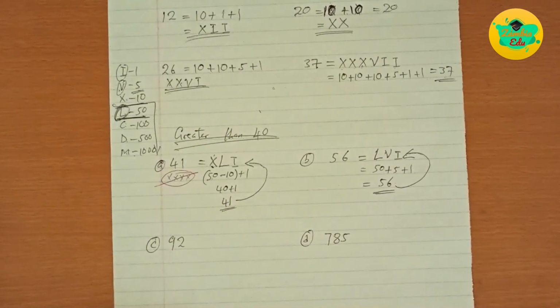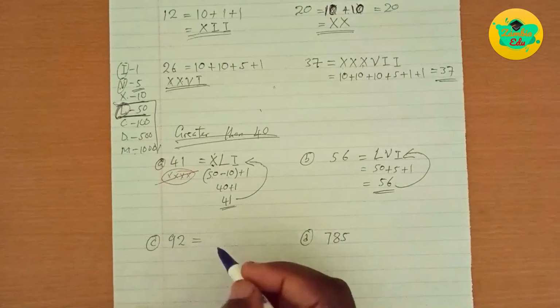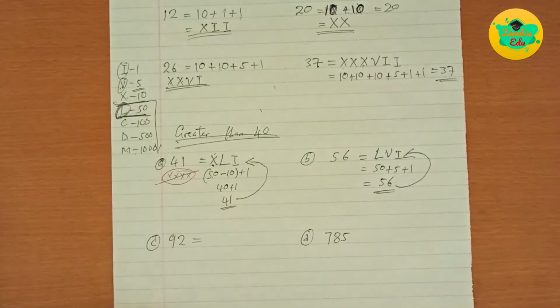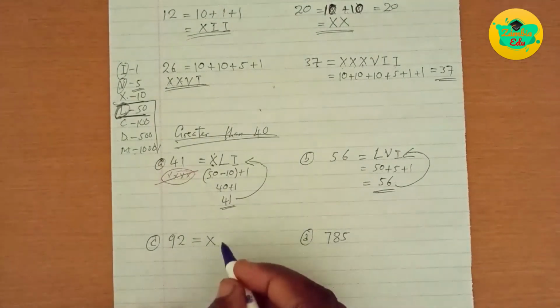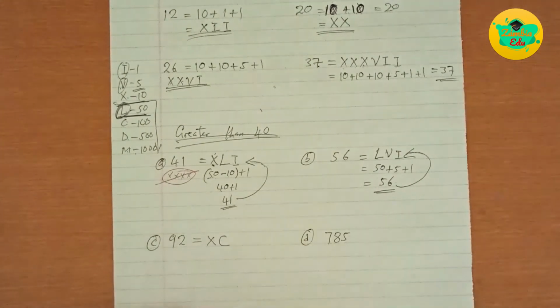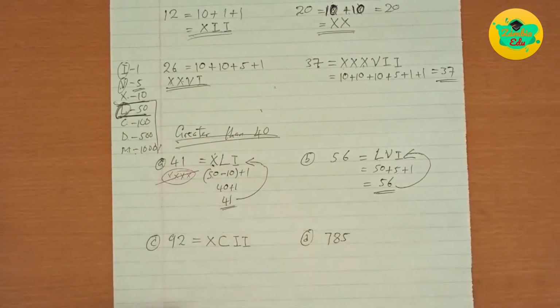Let's look at our C there, which says writing 92. How do we make 92 in Roman numerals? We don't have a single value digit in Roman numerals for 92. So to come up with 92, we are going to use a lower value digit right in front of a higher value digit. Then we're going to add 1, 2.